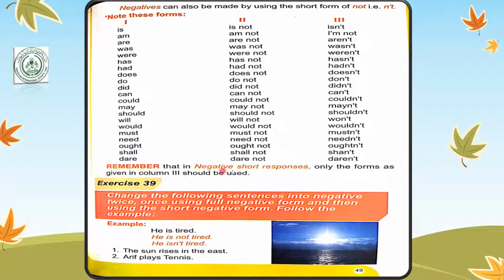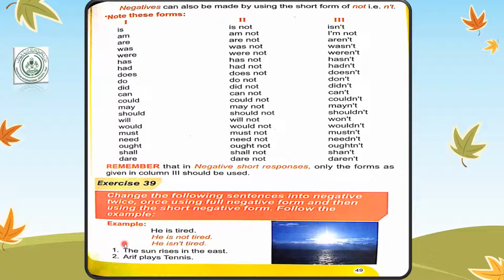Remember that in negative short responses, only the forms given in column 3 should be used, like this, dear students. Now, what you have to do in this exercise number 39, dear students: change the following sentences into the negative twice. Once using the full negative form, then using the short negative form. Follow the example.